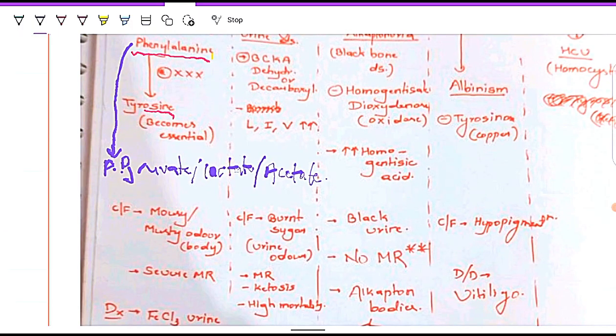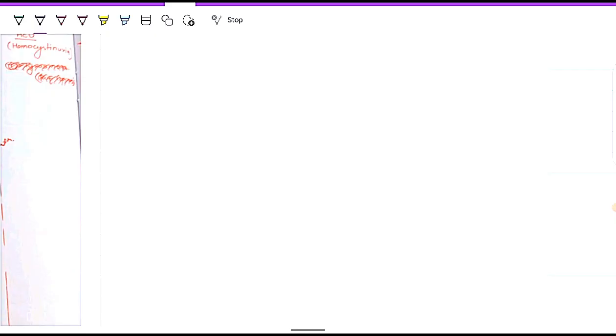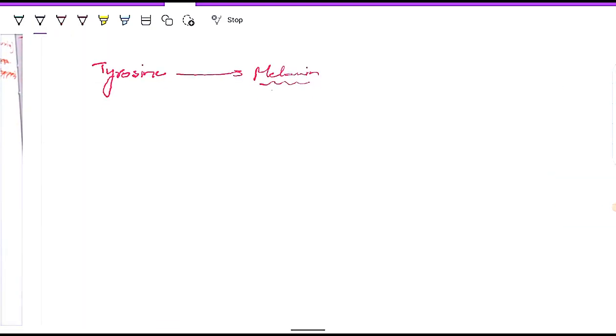Tyrosine, in the presence of an enzyme called tyrosinase, forms melanin, and this melanin is responsible for giving color to our skin or our hair.